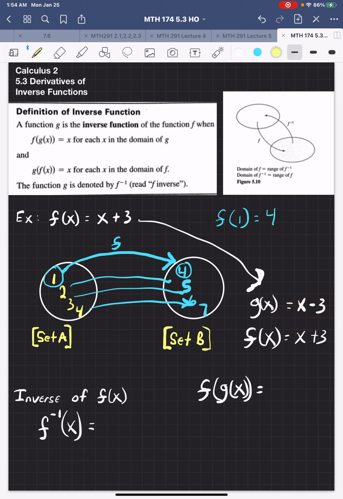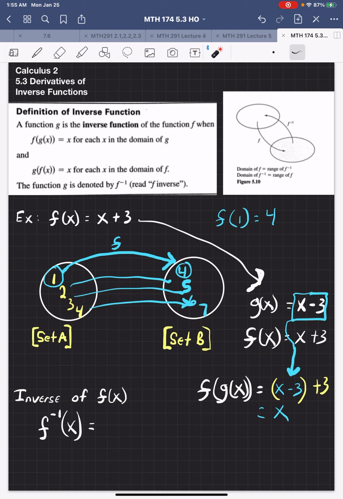So we would now have, instead of x plus 3, we would be taking g of x, plugging it in for x. And now, if we drop these parentheses, what do we get? Right? So we have 3 minus 3, cancels out, so you're just left with x.